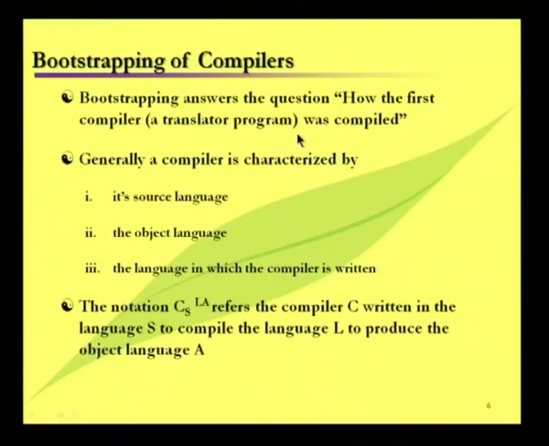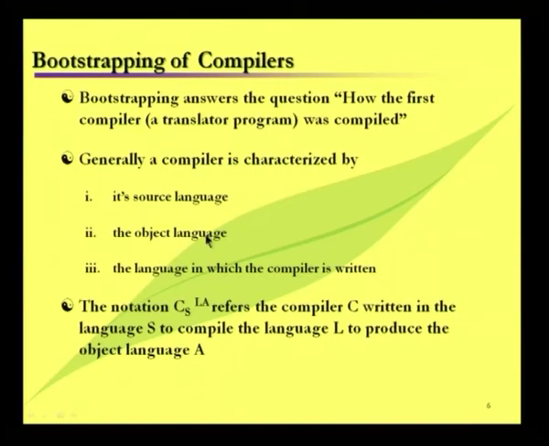A similar kind of approach is followed in bootstrapping of compilers also. It answers the question of how the first compiler was compiled. First, you should know that a compiler is characterized by 3 languages. One is the source language, which is going to be translated.